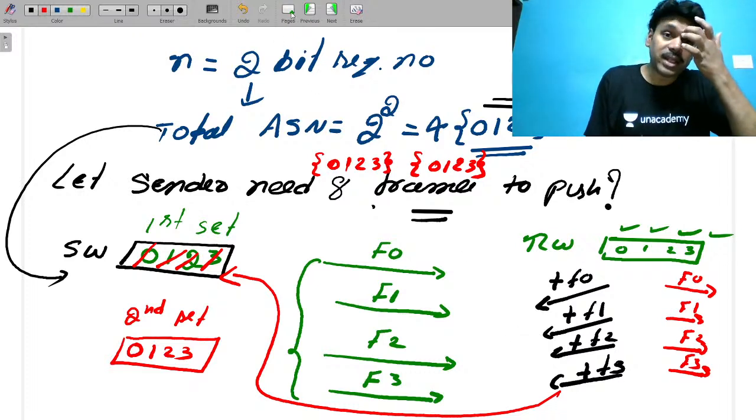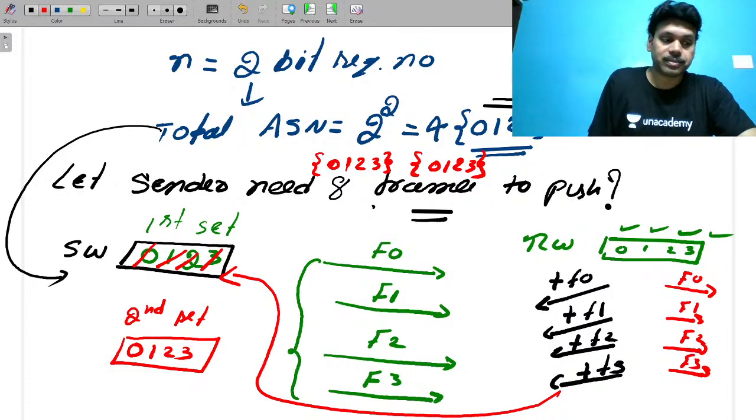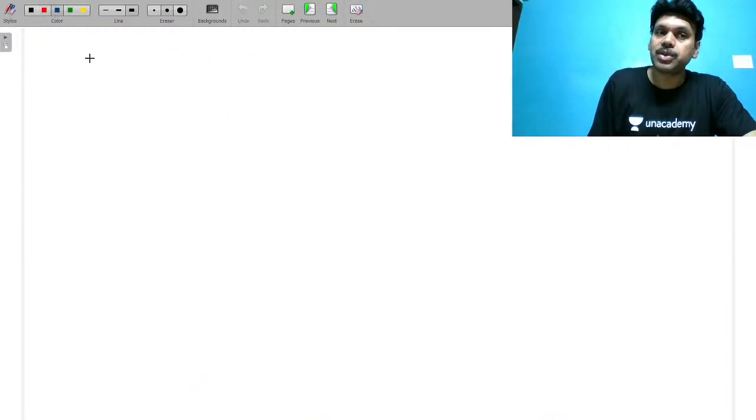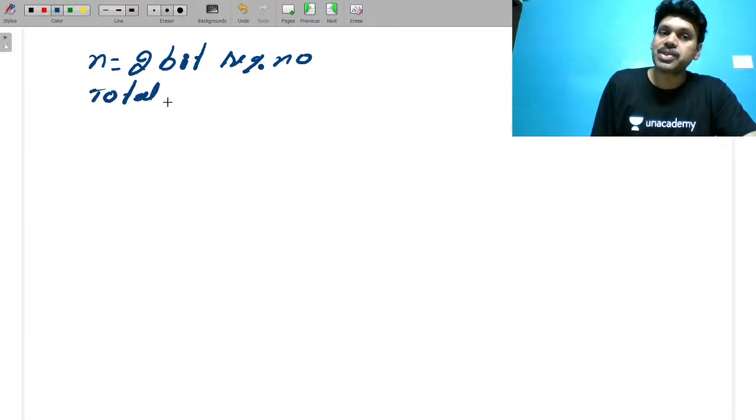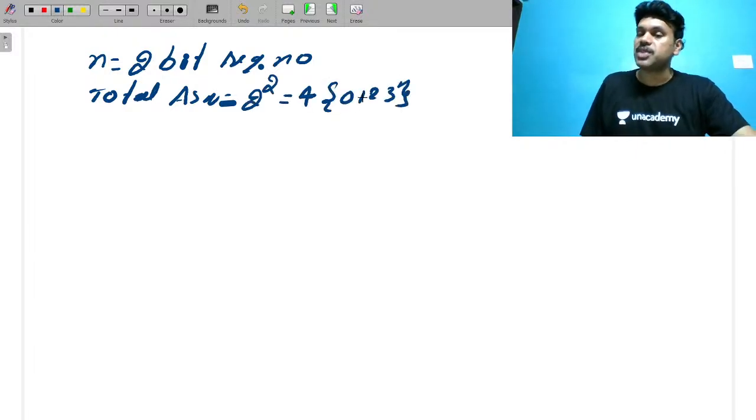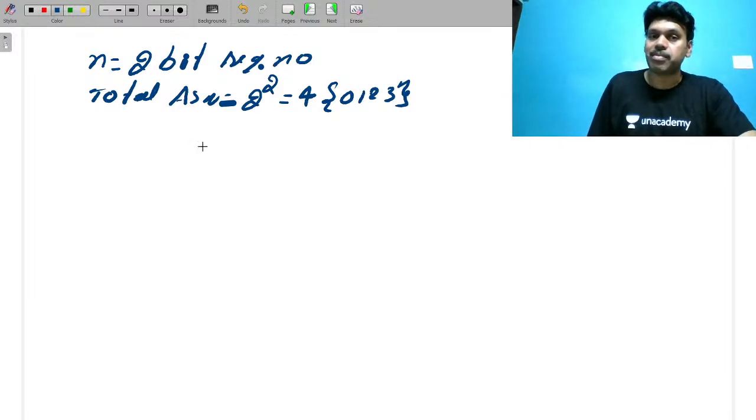Let me write the example in a different way. I'm saying n is equal to a 2-bit sequence number only. Same like that only I am writing. So your total available sequence numbers are 2 power 2, which is nothing but a 4. Your capability is only a 2-bit sequence number, which is defined in the header of your frame.